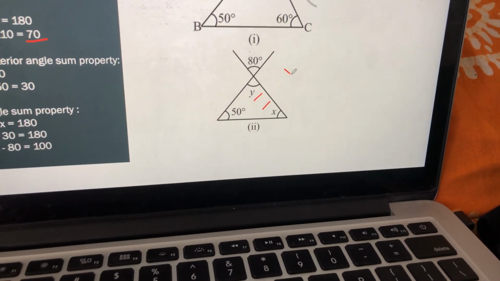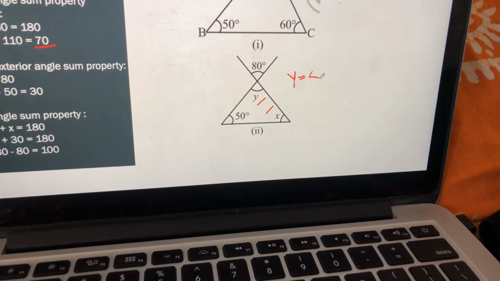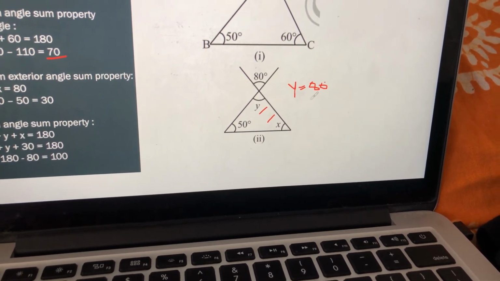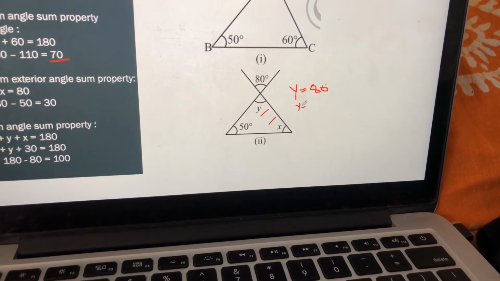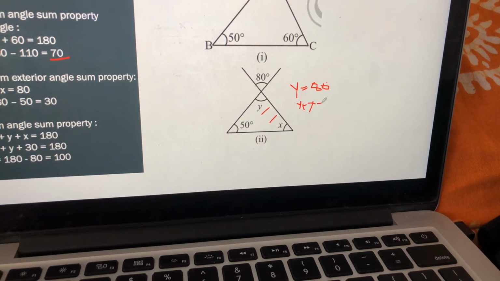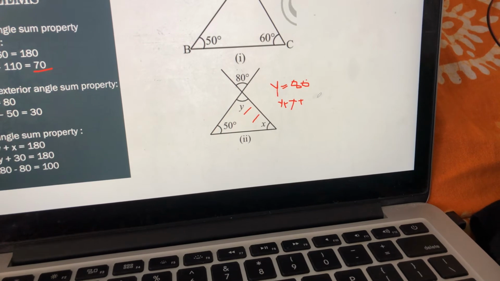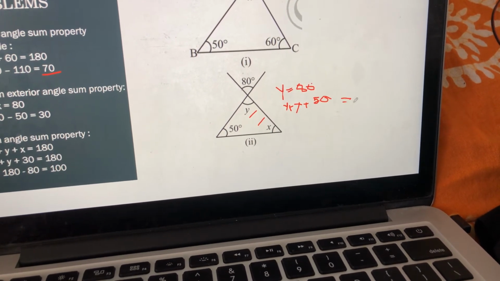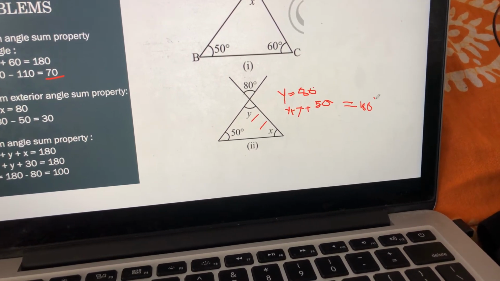So y is equal to 80, vertically opposite angles. Y plus x plus 50, this is the angle sum property.